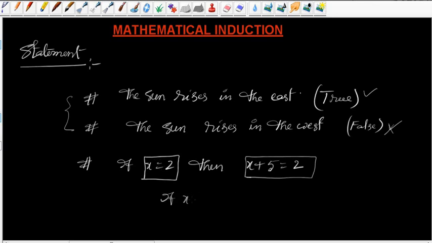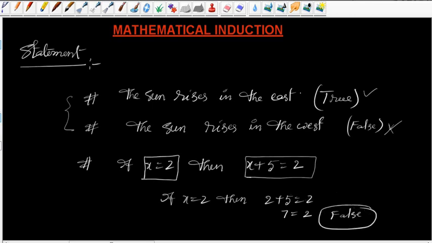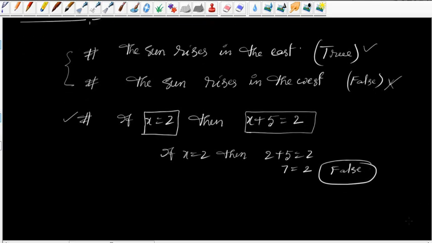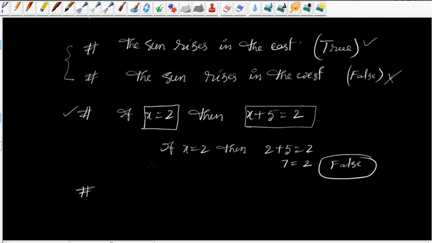If x is equal to 2, put the x value in this equation: 2 plus 5 is equal to 2. That is, 7 is equal to 2. So this is false. Here also you can decide whether it is true or false, and we decided it is false. So this is also an example of a statement.